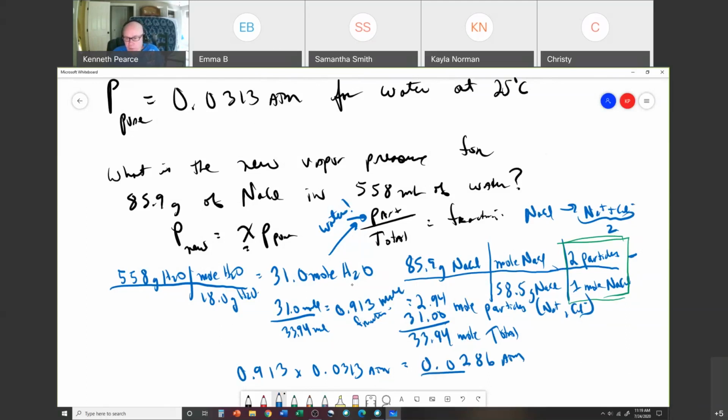And if we were interested in how many millimeters mercury that would be, you could say 760 millimeters mercury for every 1 atmosphere. I'm going to leave the same number in there, times 760. And that gives me 21.7 millimeters mercury. And there it is. There's our new vapor pressure. Okay, so it doesn't change much, but it does change at least a little.